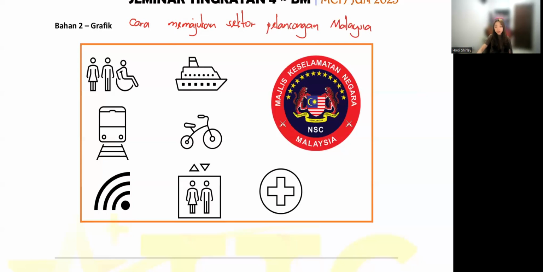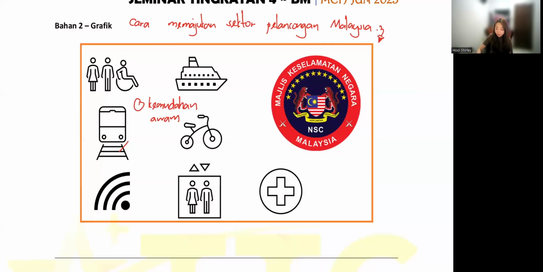So what is the cara? What is the methods in order to memajukan? Okay, we have what's over here, or this thing, kemudahan. Kemudahan awam. Menaik taraf kemudahan awam di Malaysia seperti bas awam or that.